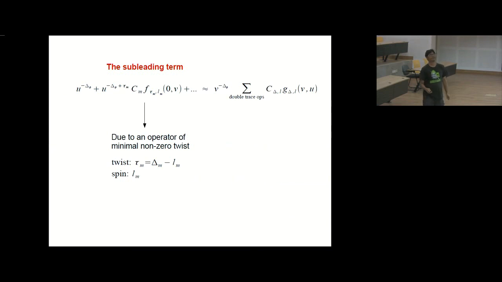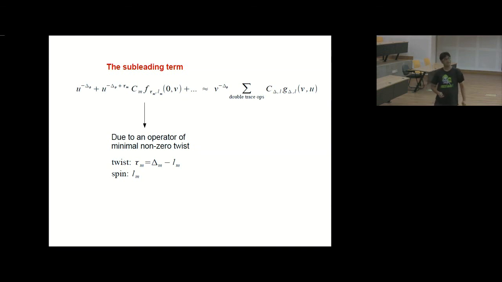So the subleading term comes from a minimal non-zero twist operator. By minimal non-zero twist, I mean that the identity operator had zero twist, and the next minimum twist that I have in the OPE will correspond to the subleading term in the Lightcone limit.